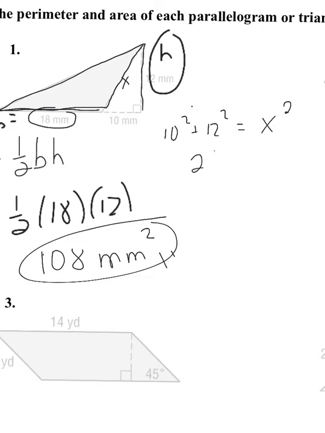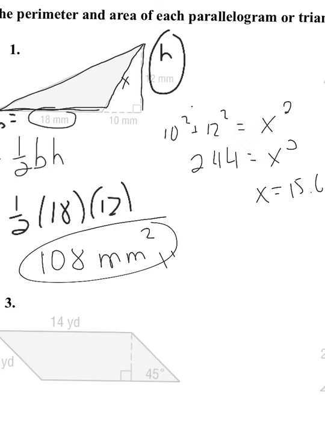So 244 equals x squared. They asked to round it to the nearest, I think, tenths. So square root. The answer is about 15.6. So x equals 15.6. So this side is 15.6.